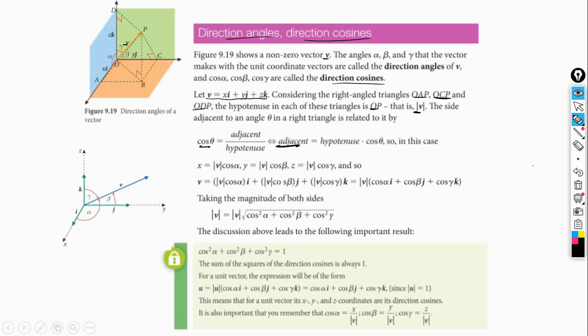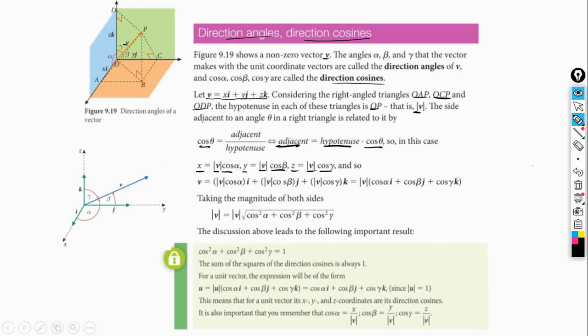Therefore, the adjacent is equal to the hypotenuse times the cosine of the angle. So in this case, we can express x as the magnitude of v times the cosine of alpha, y is the magnitude of v times the cosine of beta, and z is the magnitude of v times the cosine of gamma. So the vector itself can be expressed in terms of these expressions.